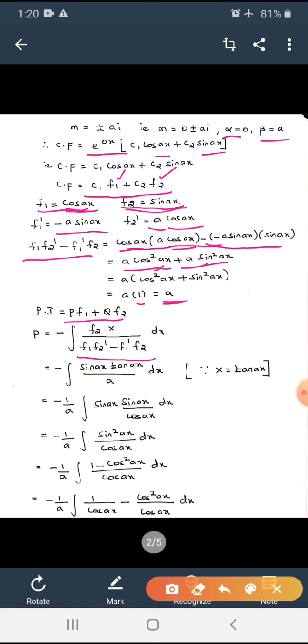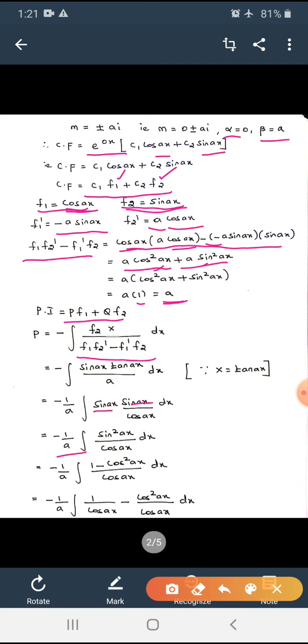That is equal to, we can take 1 by a outside, it is a constant, so we get minus 1 by a integral sin ax into tan ax, which can be written as sin ax by cos ax, into dx. That is equal to minus 1 by a integral sin into sin is sin square, so we get sin square ax by cos ax dx.